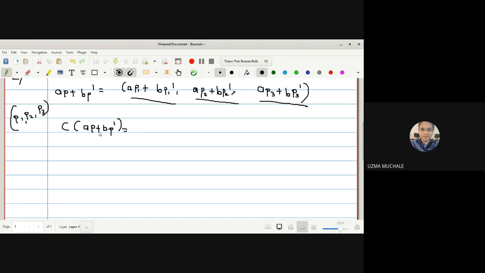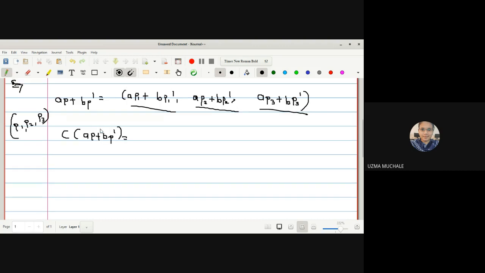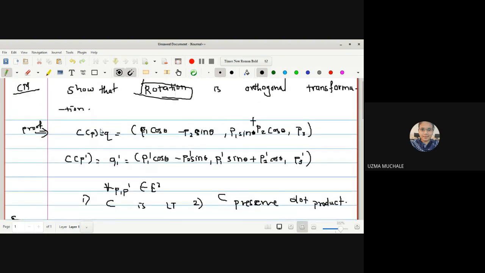Are you getting what I want to say? As we have written CP, in the very similar way I have to write it now. This is equation 1, by the definition of our rotation, where P has coordinates P1, P2, P3. That is why we have written equation 1.